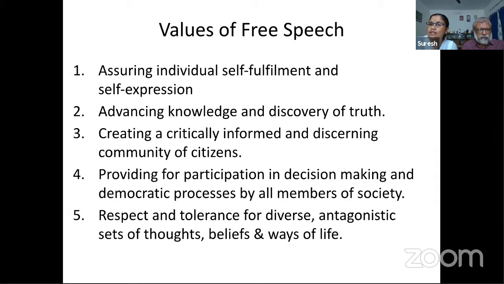Now, having looked at the values of free speech, a very, very important component of free speech is dissent, which we have looked at in the next slide. Dissent is always key to democracy.